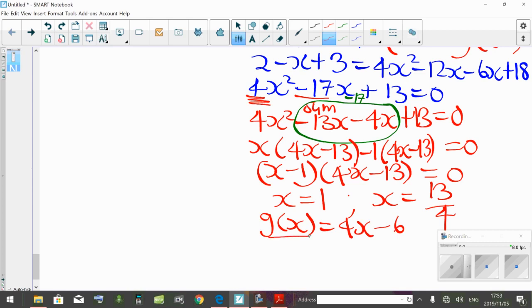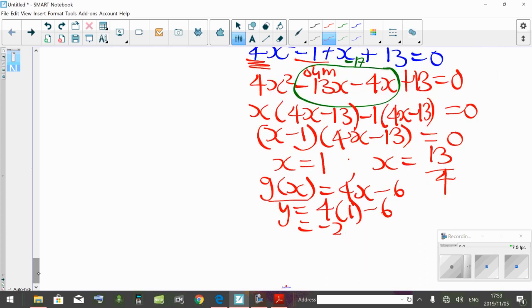And always remember that G refers to y. F refers to y. So my y value, I'm going to substitute the first x value that I obtained, and I'm getting negative 2. And then this gives me the coordinate 1 and negative 2.